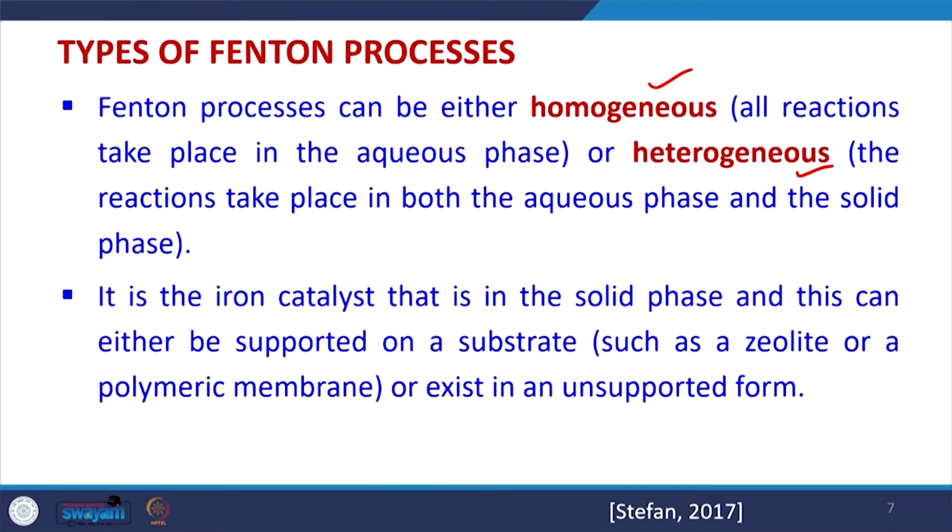This is the difference between homogeneous and heterogeneous Fenton processes. The iron catalyst is in the solid phase, and this can be supported on a substrate such as zeolite, polymeric membrane, etc., or it may exist in the unsupported form.